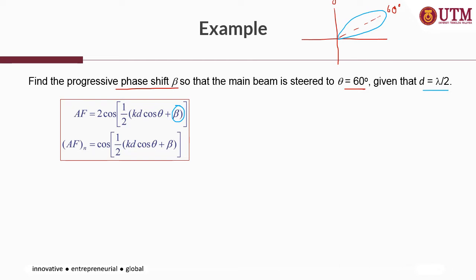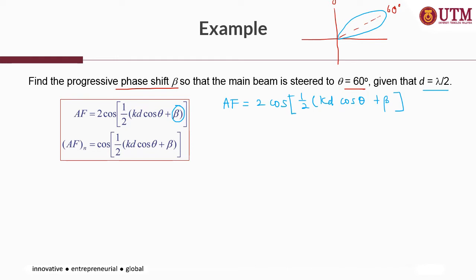Alright, let's write the equation first. AF equals 2 cos of 1 over 2 kd cos theta, with theta given as 60 degrees, plus beta. So how do we find beta if we don't know what the AF is?